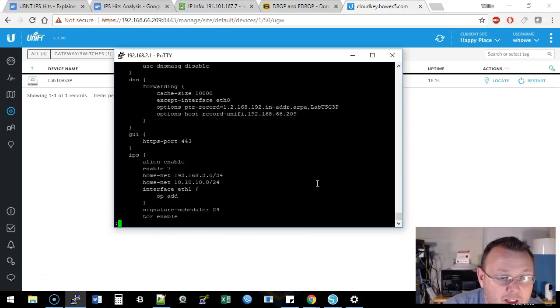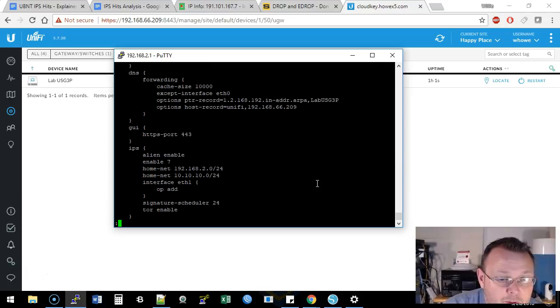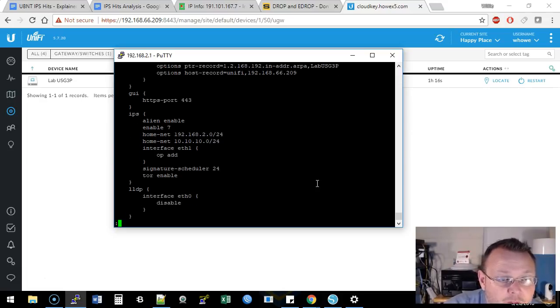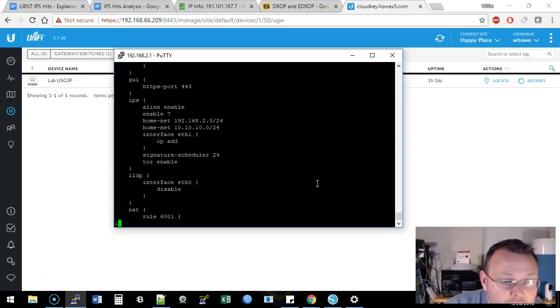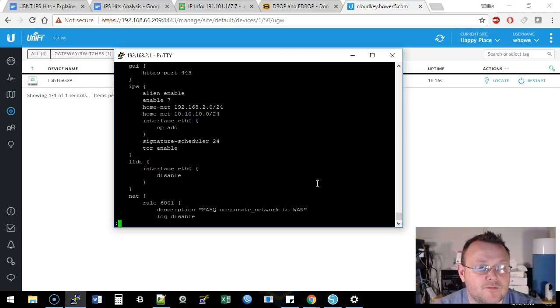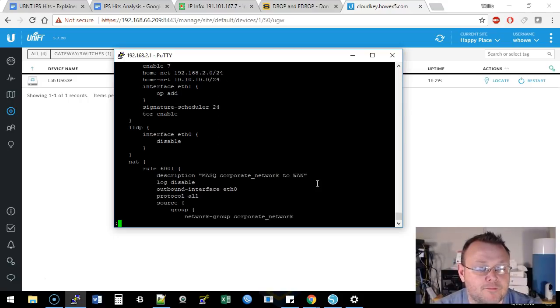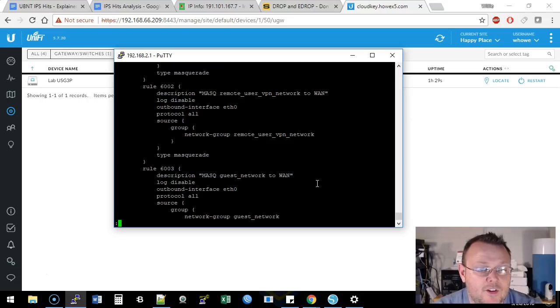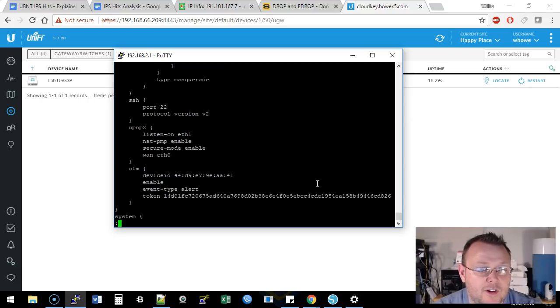Okay, so here's IPS, alien enable, homenet, ETH1, Tor enabled, signature scheduler, 24. So it just says enabled there.